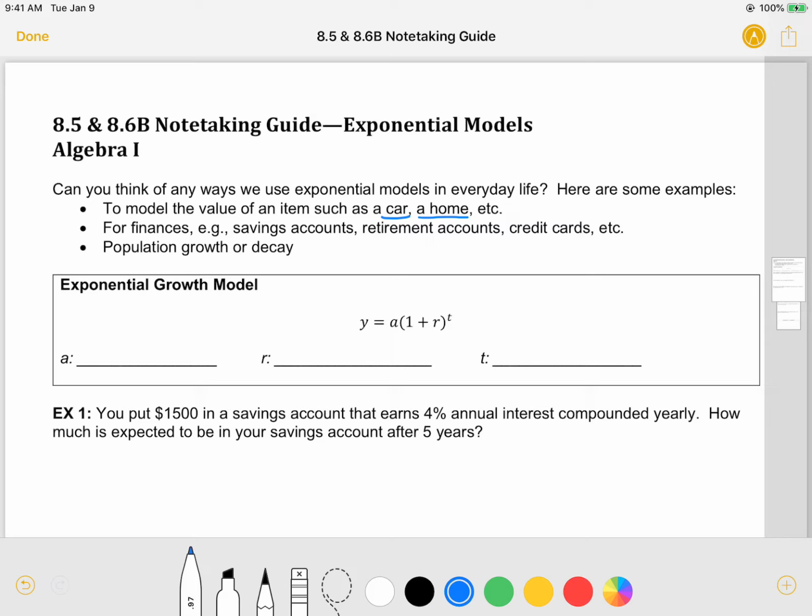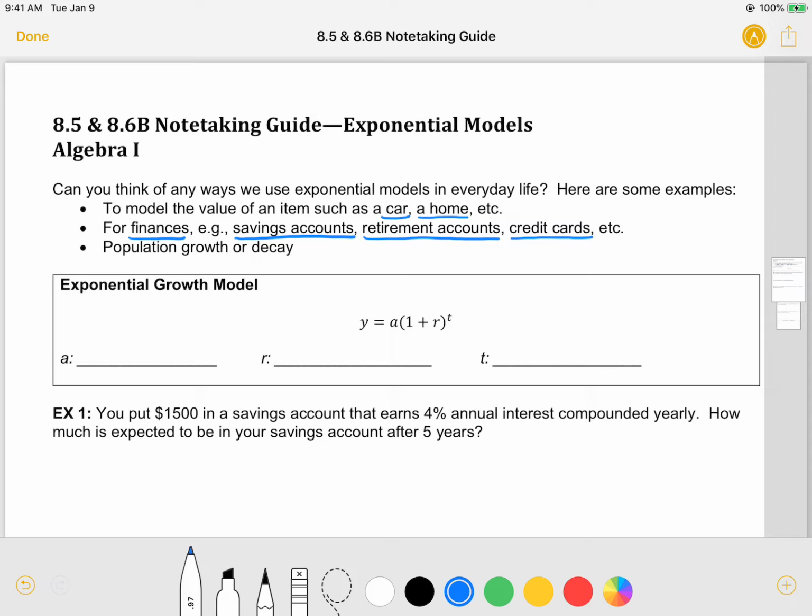We also use exponential models to model finances. So maybe the amount of money in our savings account will go up with interest over time, or the money in our retirement account will hopefully go up with interest over time so that we have a lot more money when we're ready to stop working. And say, for instance, credit cards.